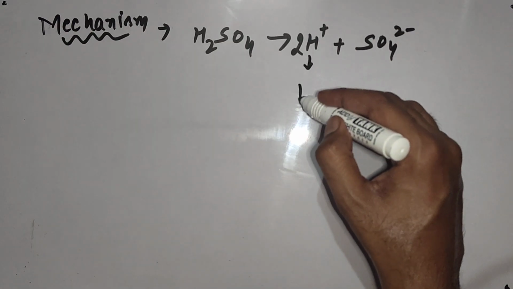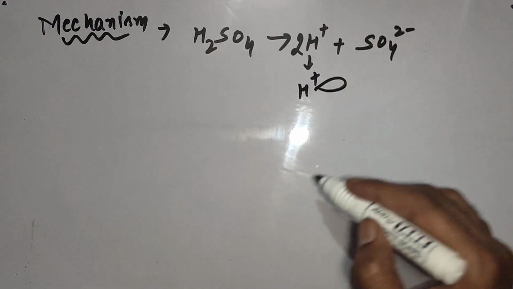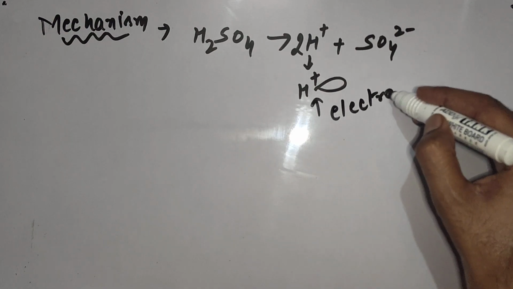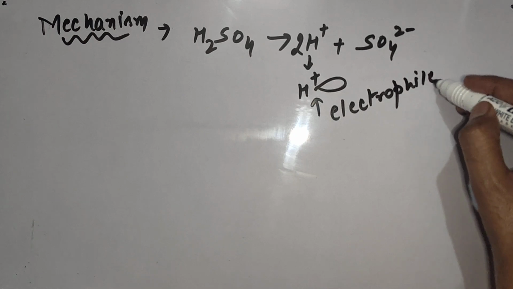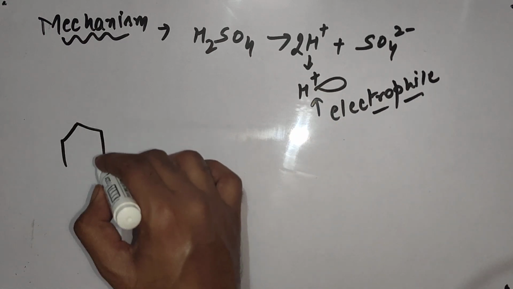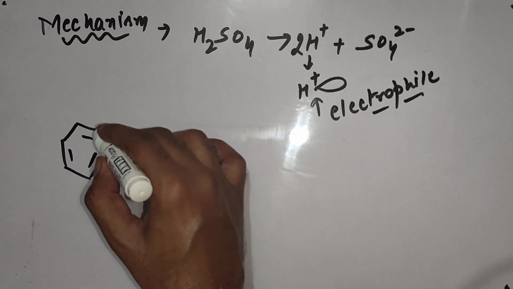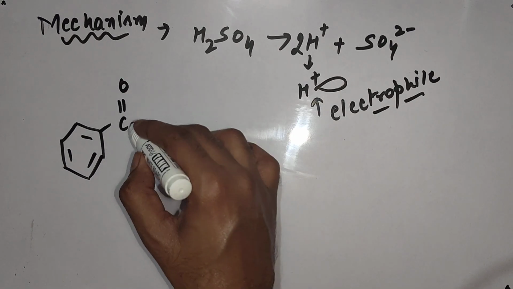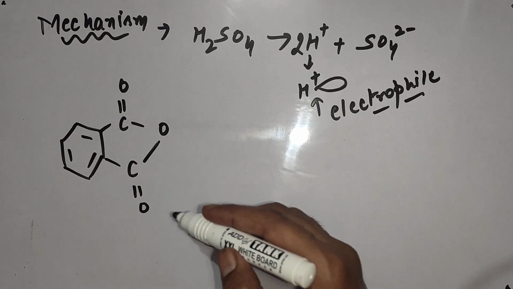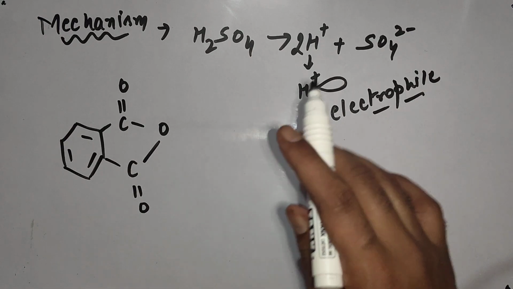These H positive particles obviously have a vacant orbital, meaning they are working like an electrophile. They want electrons. So initially they attack on the phthalic anhydride particle. This is the first step.